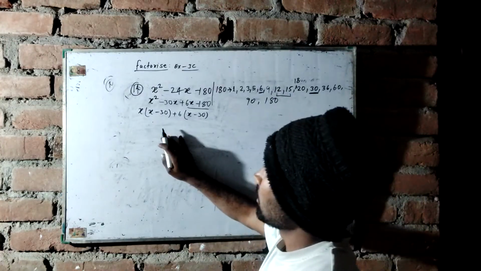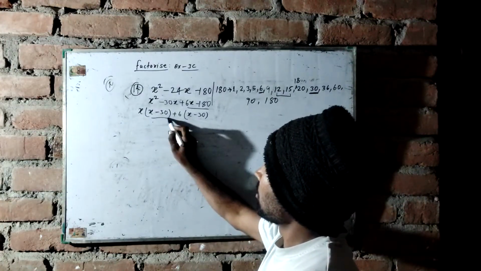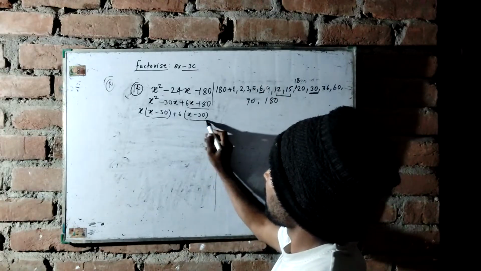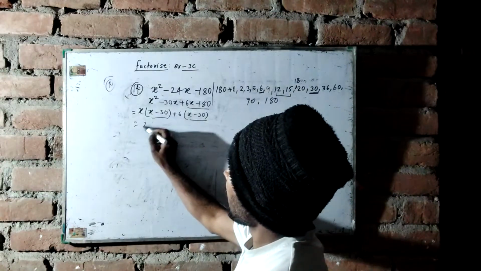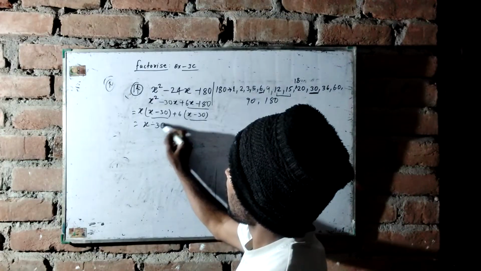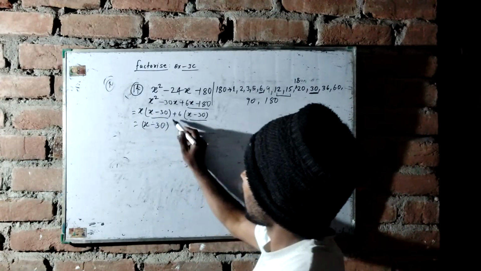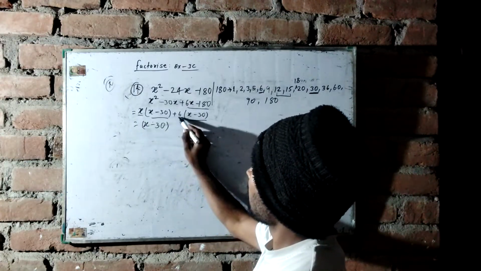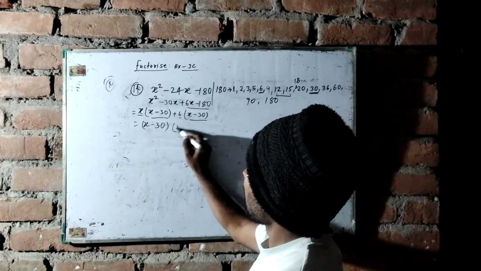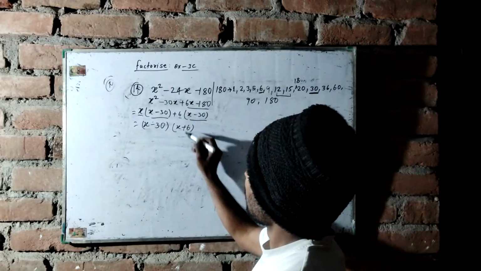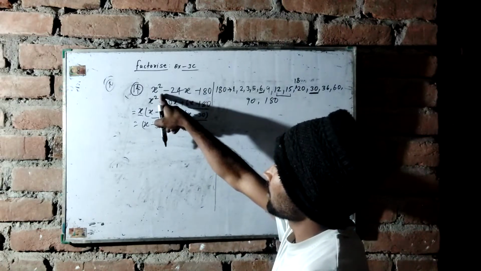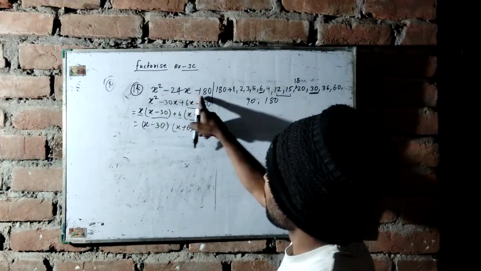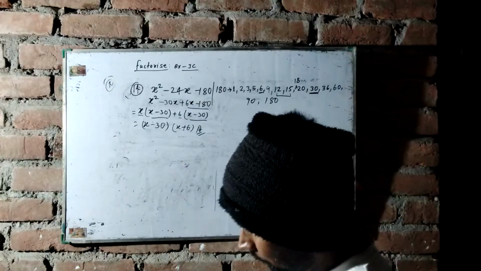So we can see clearly x minus 30 and x minus 30 are present in both terms, so we can take x minus 30 as a common and we can write x plus 6 as a multiple. So these are the required factors of the polynomial x square minus 24x minus 180.